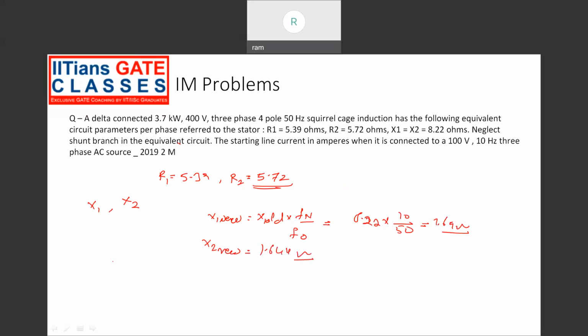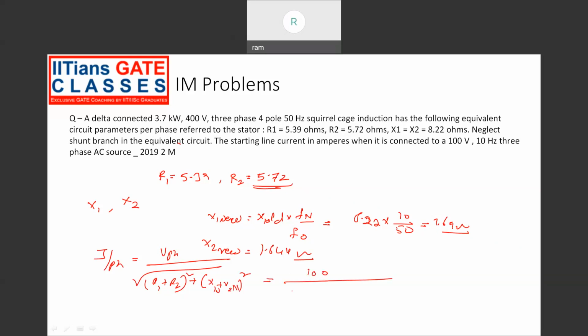644. So the current per phase is given by the voltage per phase divided by the square root of (R1 plus R2) whole square plus (X1 plus X2) whole square.